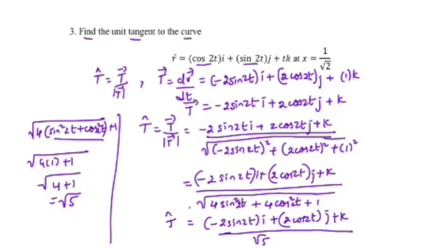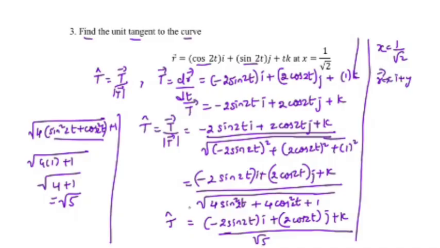Now they have given the x value as x equals 1 by root 2. So how to find this, if x is 1 by root 2? We know that r vector equals xi plus yj plus zk. Comparing both the r vector values, we can see x is cos 2t, and here it is 1 by root 2.